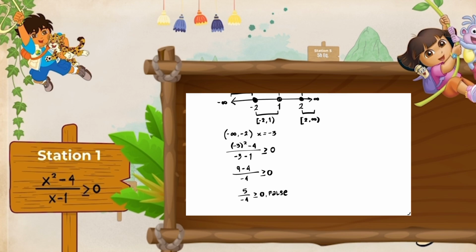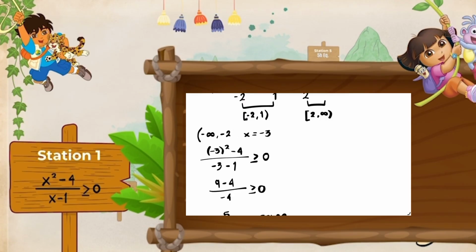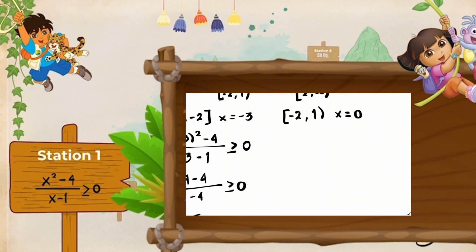Now, the next pair: negative 2 and positive 1. Let's think of a number in between them. Let's choose 0. We'll change the x into 0.